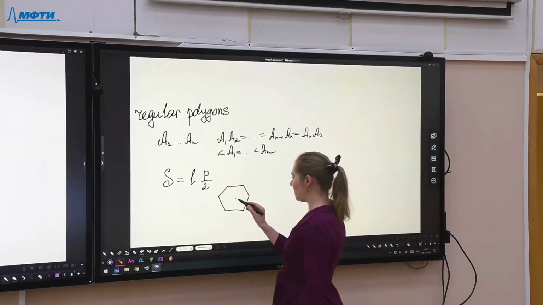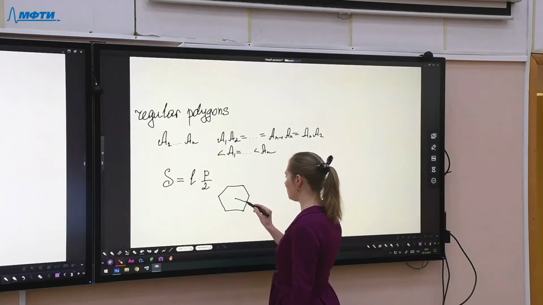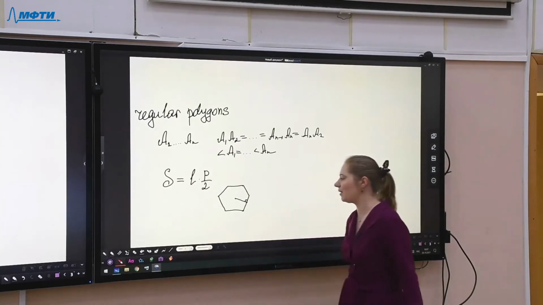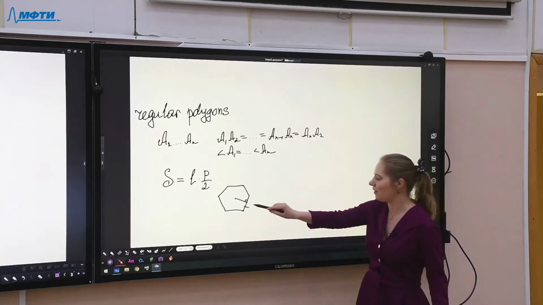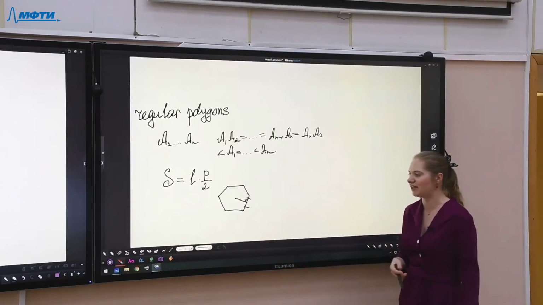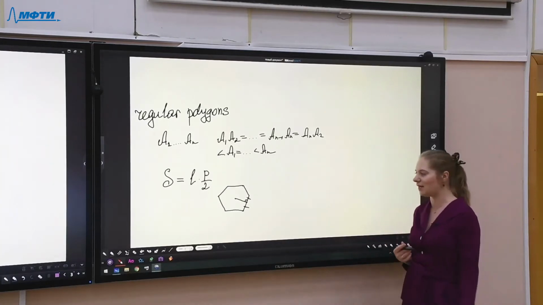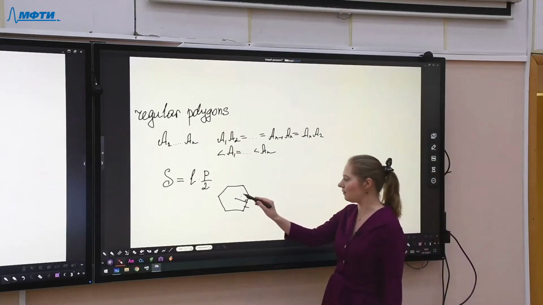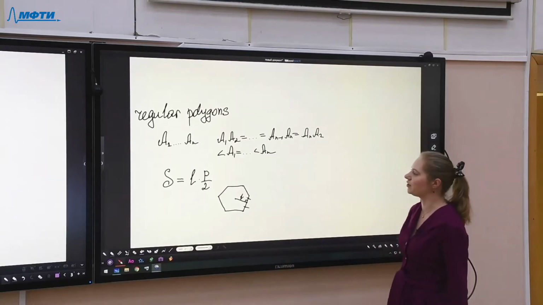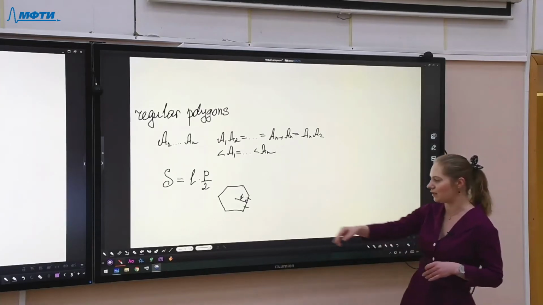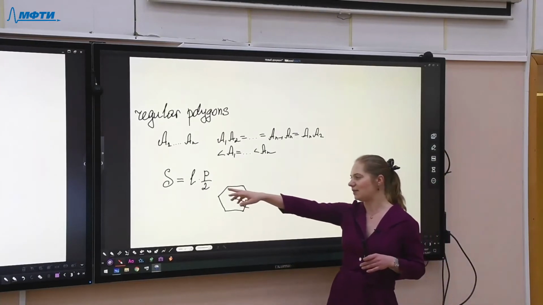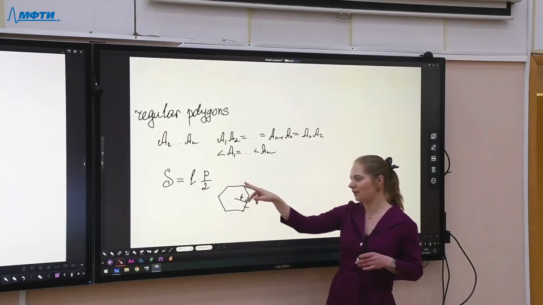Let's drop a perpendicular to one side. Our hexagon is regular, so we know that the point of this intersection will be the midpoint of this side. And this is L. If we want to calculate the area of this figure, we need to take this L and multiply it by the perimeter of this figure over 2.